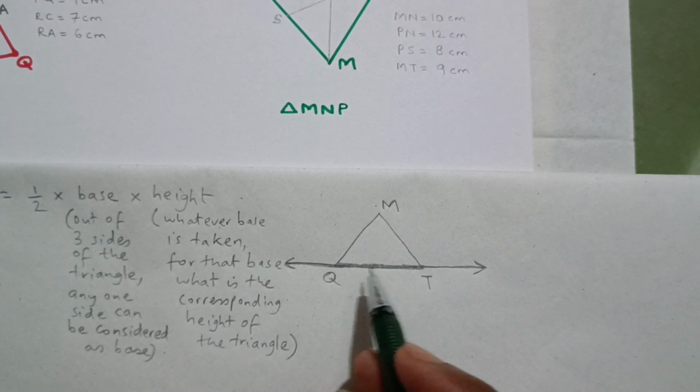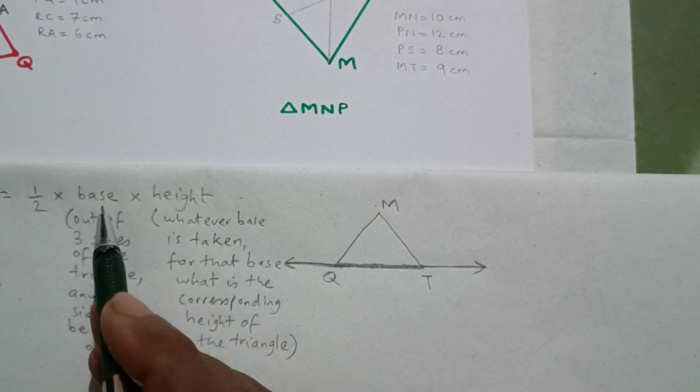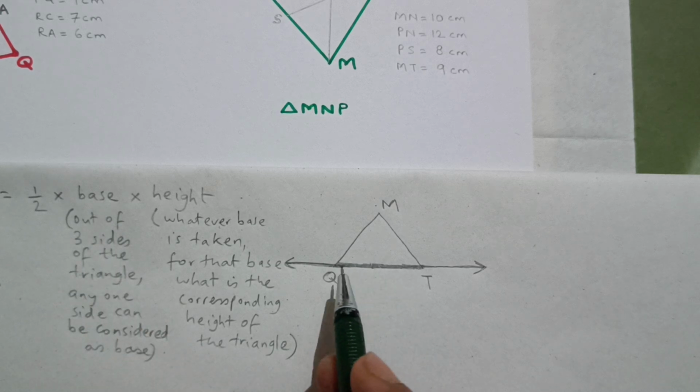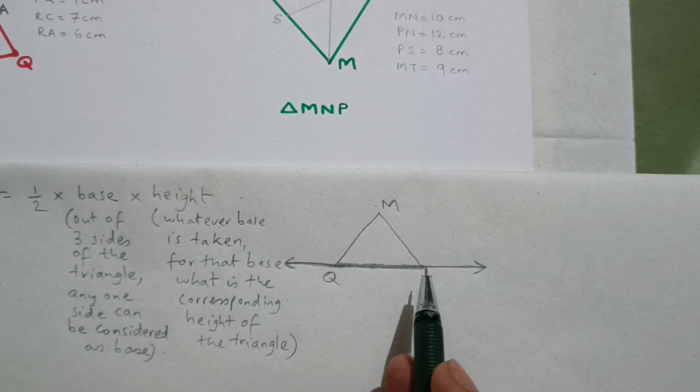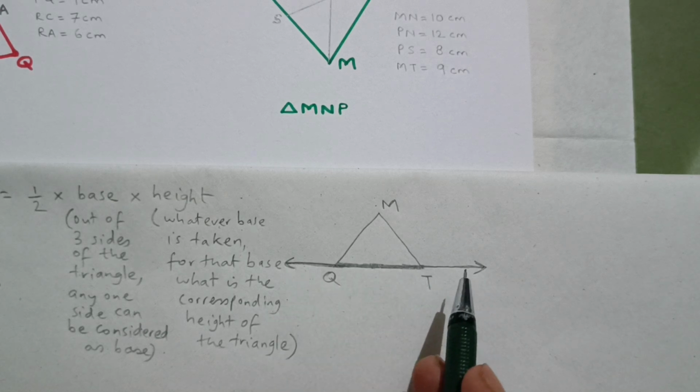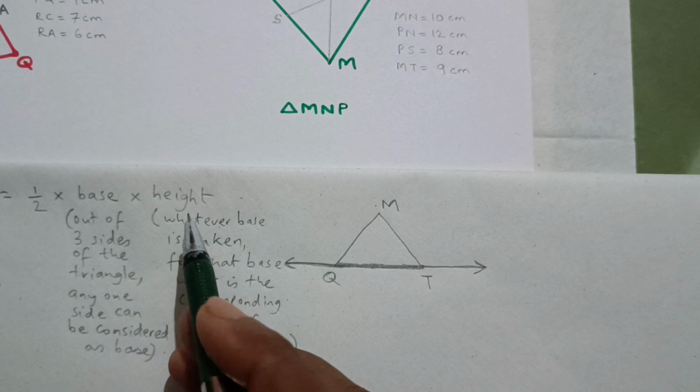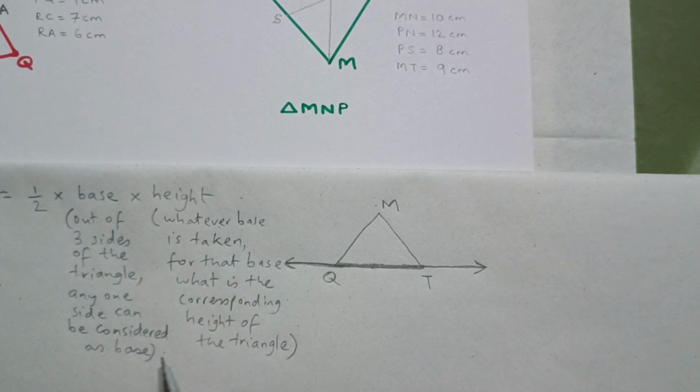So side QT is our base. We have taken side QT as our base and we have extended the line on which side QT sits in both the directions. Okay. Now let us see what is height.